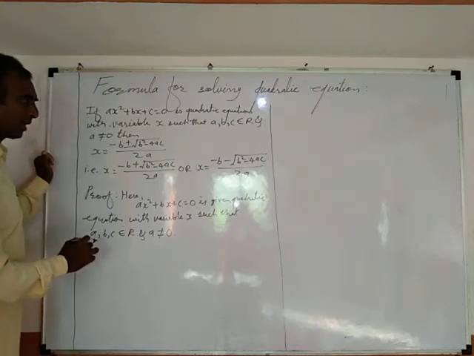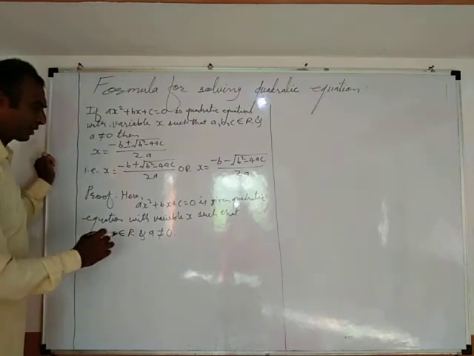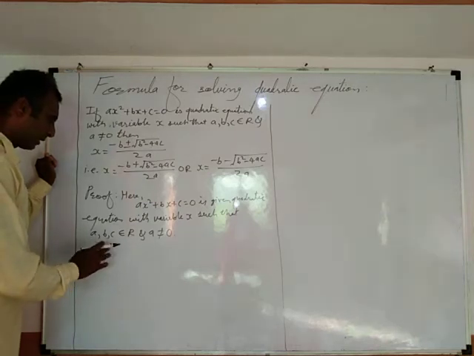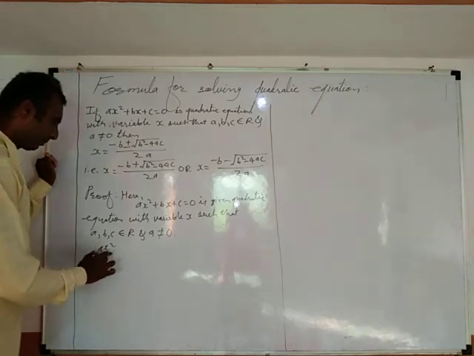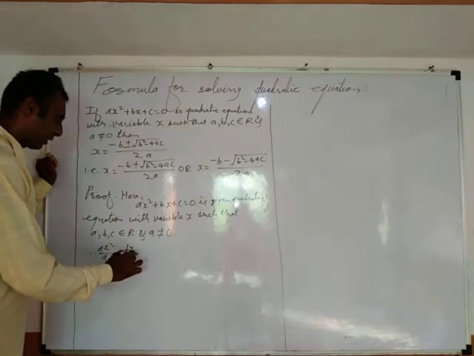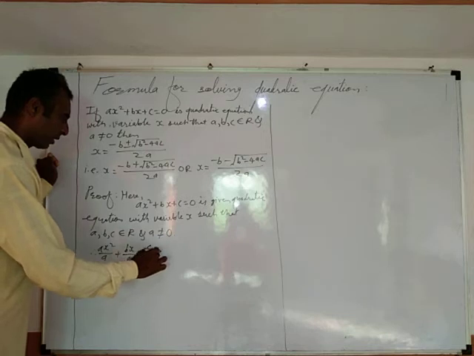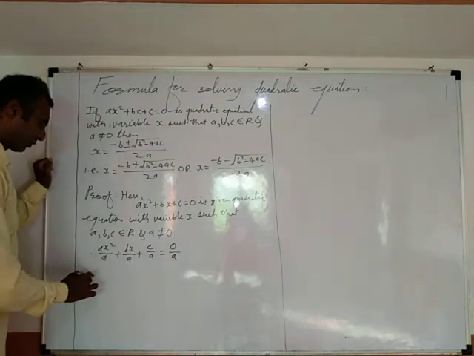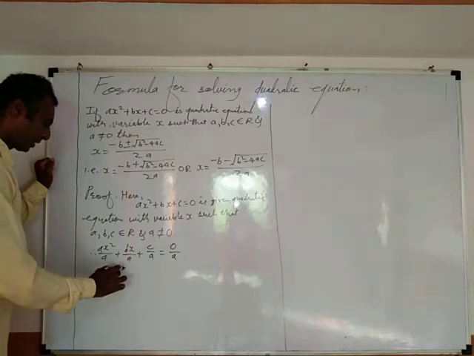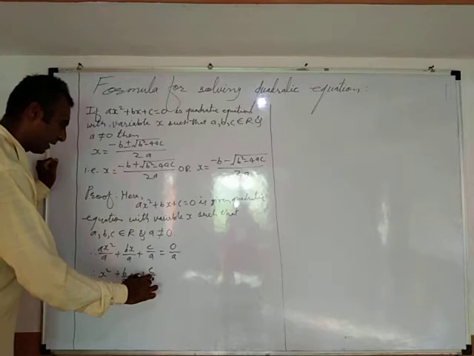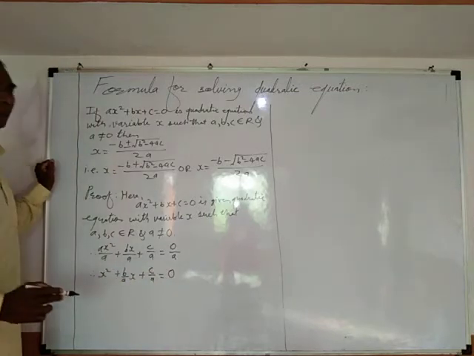Therefore, dividing both sides of this quadratic equation by a, we get ax square upon a plus bx upon a plus c upon a equals 0 upon a, and therefore it will be x square plus b by a x plus c by a equal to 0.